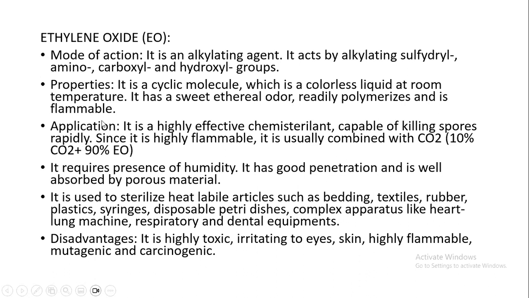Since it is flammable, it is generally used not directly but in the form of a mixture with carbon dioxide. It is used to sterilize heat labile articles such as bedding, textiles, rubber, plastic syringes, petri plates, etc. One of the disadvantages is that it is toxic, irritating to eyes, and highly inflammable. It is also mutagenic and carcinogenic.